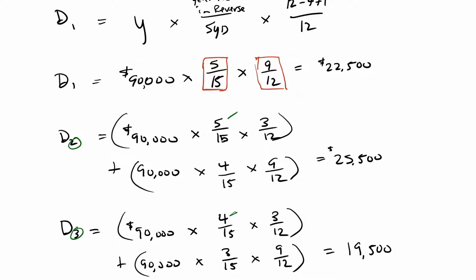If we think about it logically here, this would be the useful life of the asset minus that year index. I'm going to use the letter I to represent that index. So in the second year, I is equal to 2. In the third year, I is equal to 3.